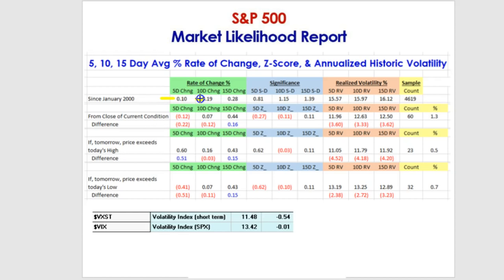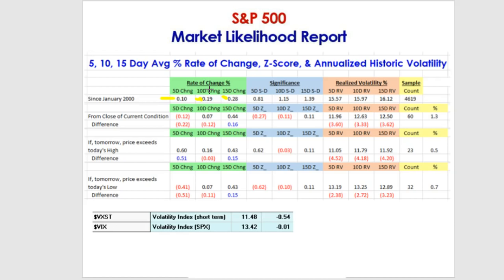You can take any close, go 2 weeks later, looking at all 4,616 closes, going forward 10 bars, and on average you'll see about 0.1% to the upside. And then the 3-week rate of change is just over 0.25%.